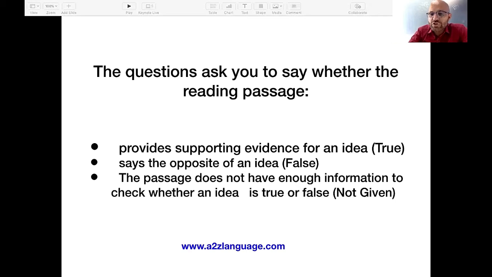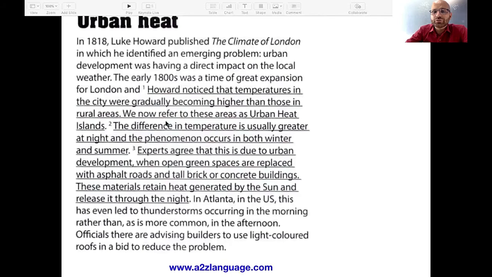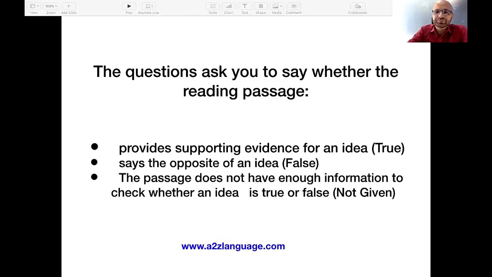The passage does not have enough information. Please focus on the word. The passage does not have enough information to check whether the idea is true or false. So the point is not that the information related to the question is not there, but there is not enough information to support that this is true or false.